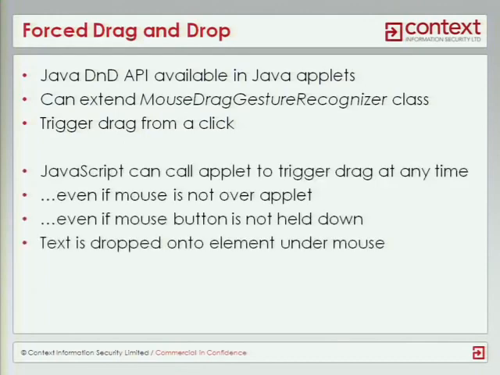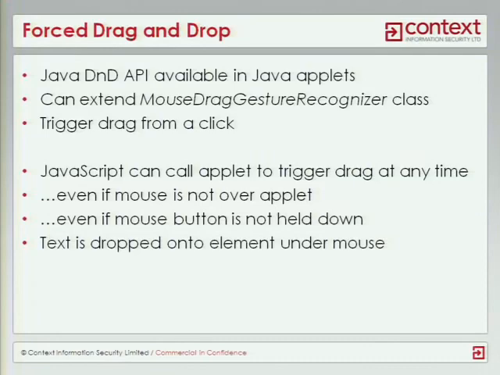We can actually go even further with the Java drag and drop API, and we can say, okay, instead of requiring the user to do anything with a Java applet, actually just start a drag and drop event right now. So JavaScript on a malicious web page could use a hidden Java applet to force the user to enter text into form fields.